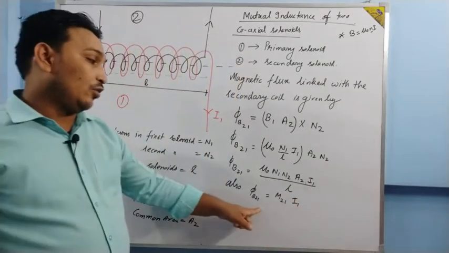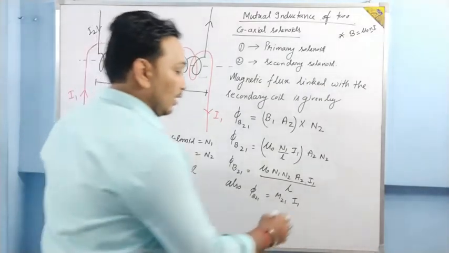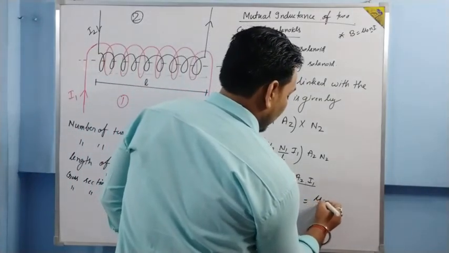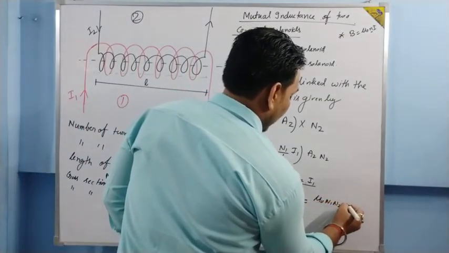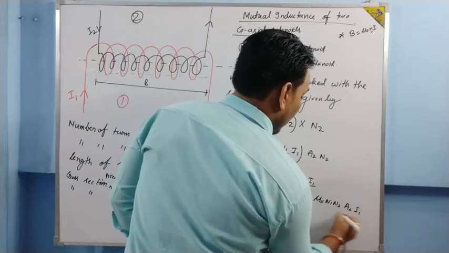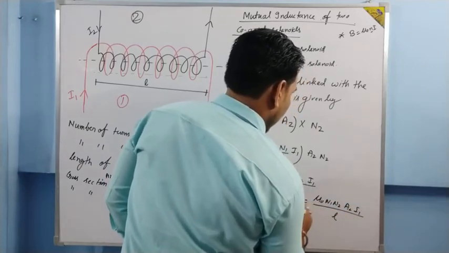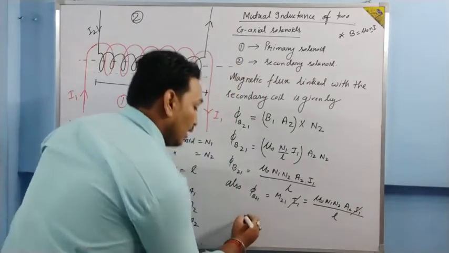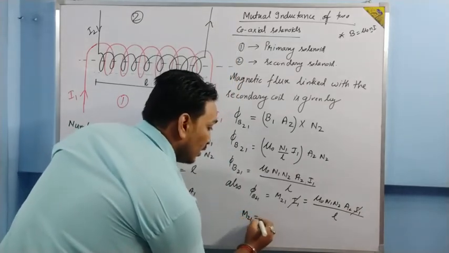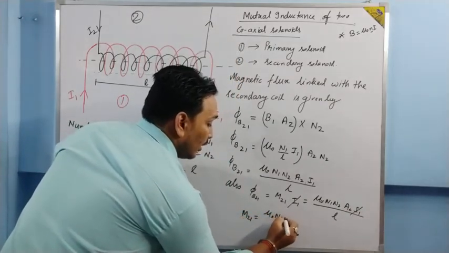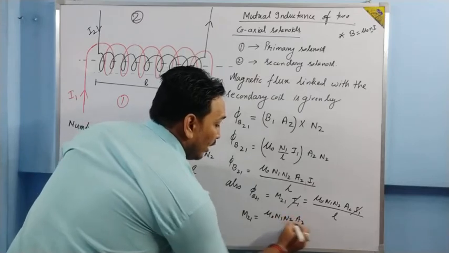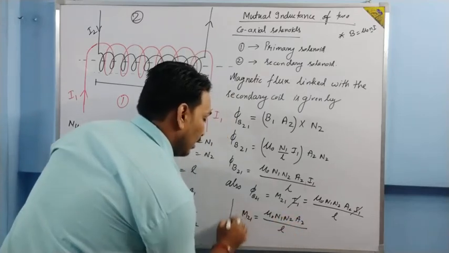And this phi B21 was equal to this also. Let us equate: mu naught N1 N2 A2 I1 upon L. I1 and I1 will be cancelled out, and we are going to have M21 is equal to mu naught N1 N2 A2 upon L.